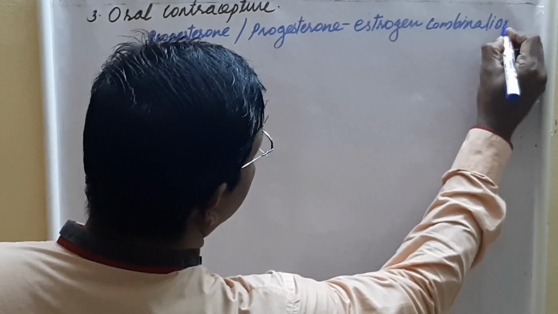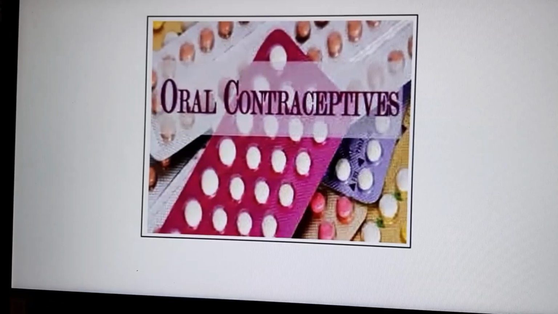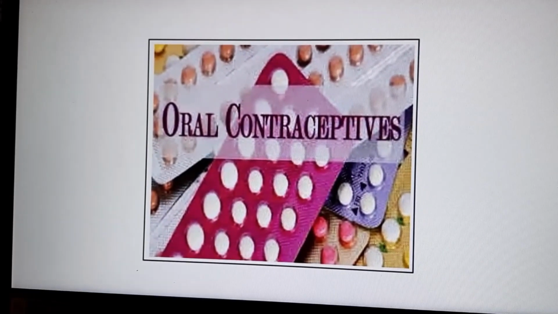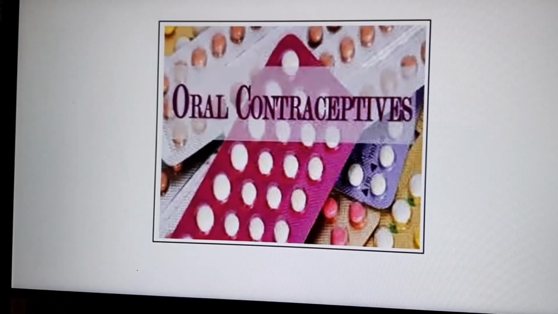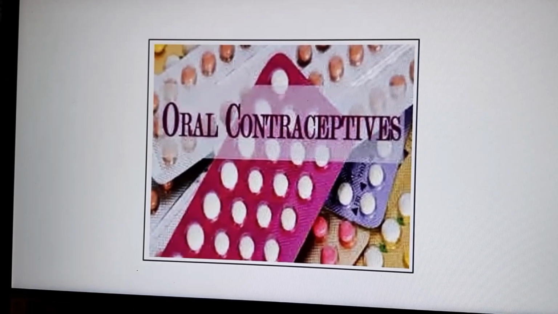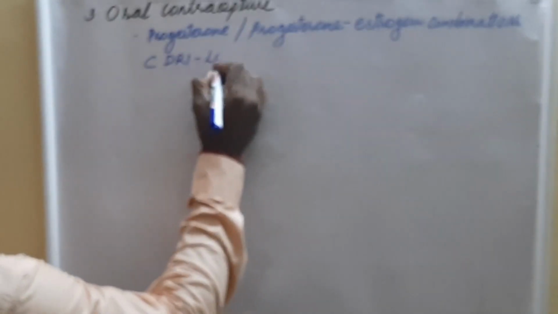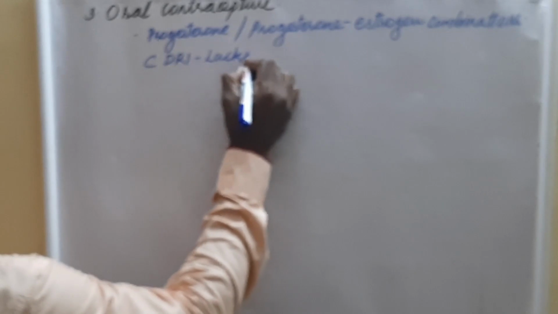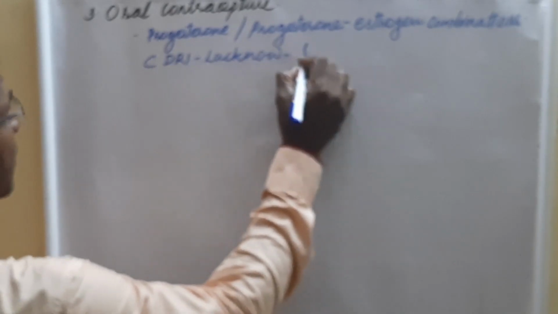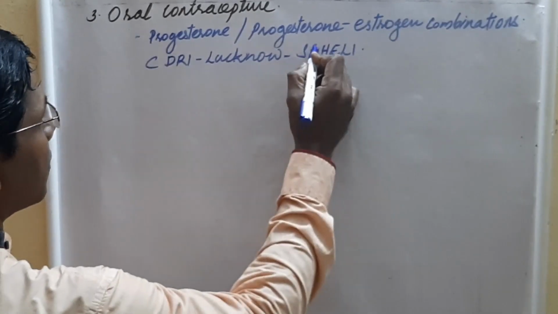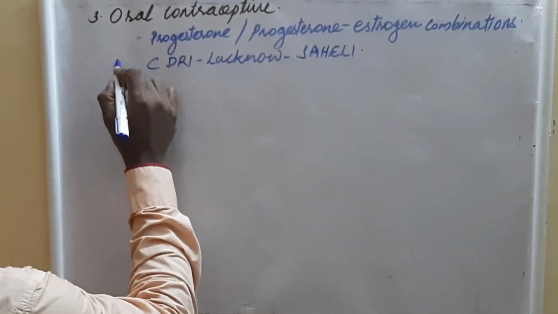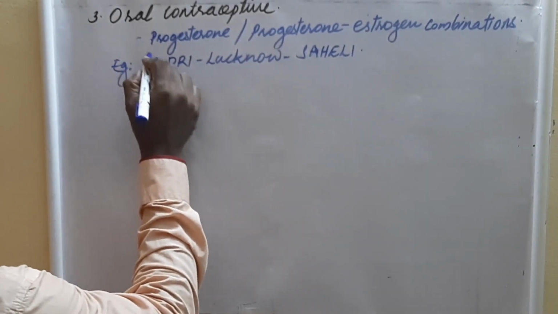These hormones will affect implantation, ovulation, etc., and that can prevent conception as well as pregnancy. We have already discussed an example of this, Saheli, which is made by the CDRI, Lucknow.